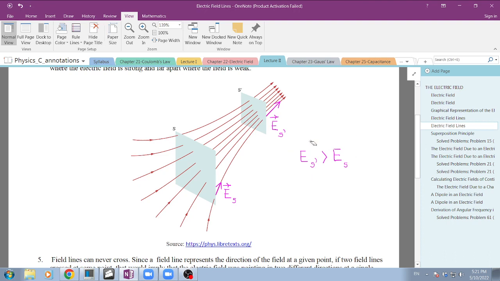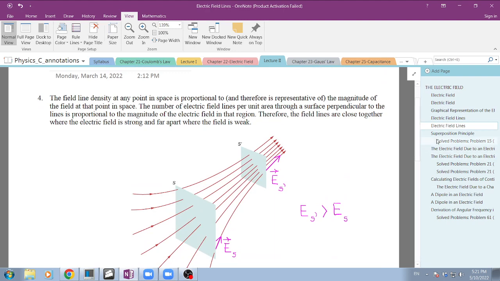That means if you have more lines over a certain surface, the magnitude of the electric field is going to be higher. That's all. Very easy. Here you can even count: in this smaller surface you have more lines crossing, which means the electric field in this region of space is stronger than in this other region.